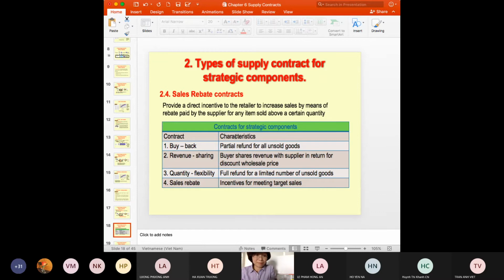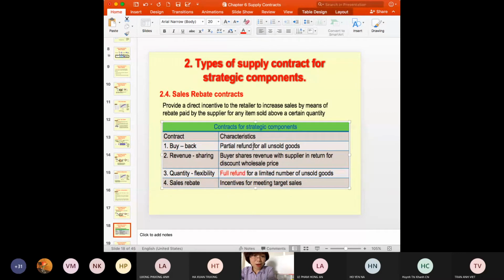So we just have 4 contracts, right? Buyback, revenue sharing, quantity flexibility, and sales rebate. Here I have summarized the characteristics of each contract. For buyback, they just give a partial refund, but for quantity flexibility, they give a full refund.